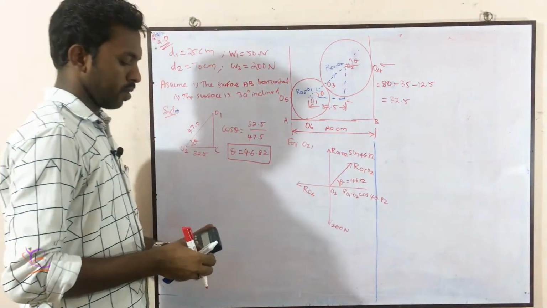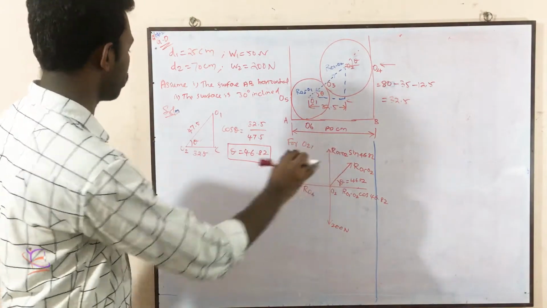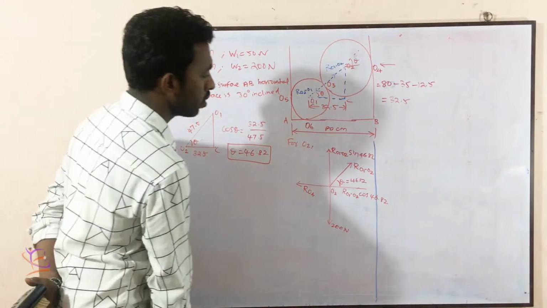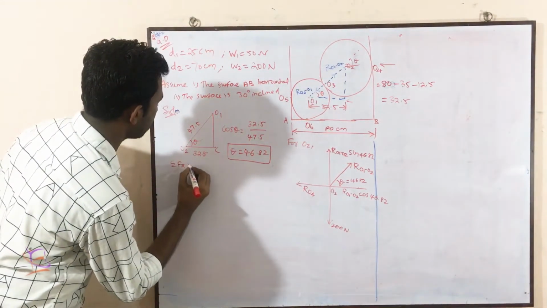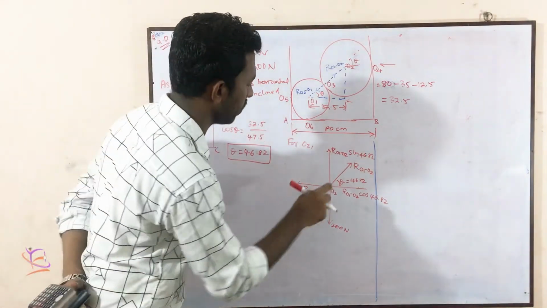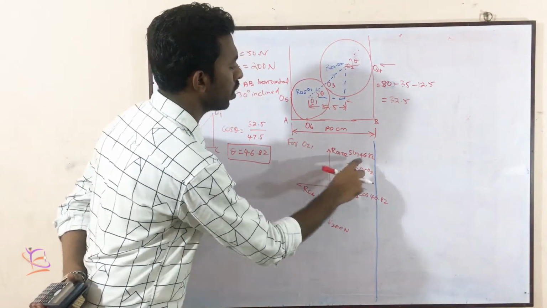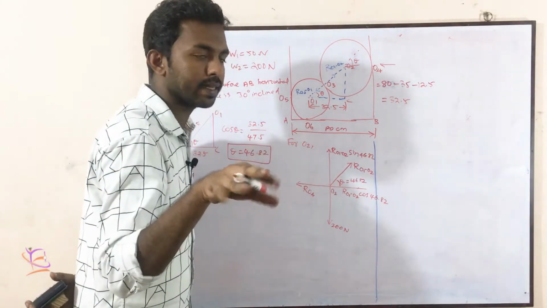Now we can do it by using the resolution of forces for O2. Summation Fx equal to 0, summation Fy equal to 0. First of all, summation Fy is equal to 0. Why am I going with Fy? Here the y-axis has only two values, one known and one unknown. So you can calculate the unknown value.